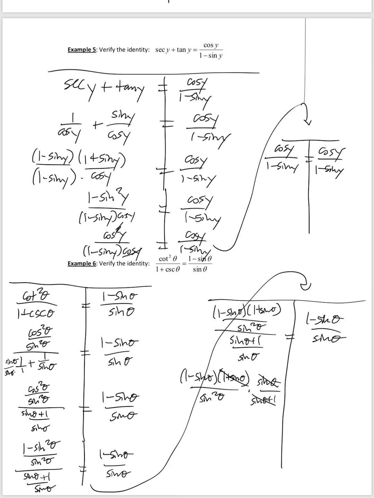And sine will cancel with one of the sines in sine squared. And so I ended up with 1 minus sine theta over sine theta equals 1 minus sine theta over sine theta.